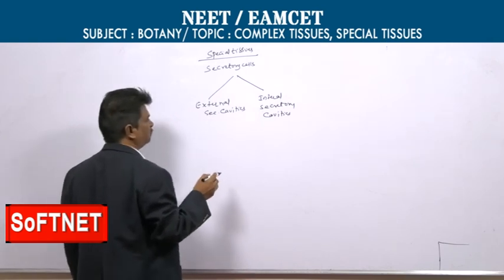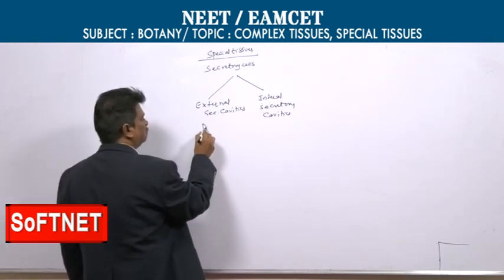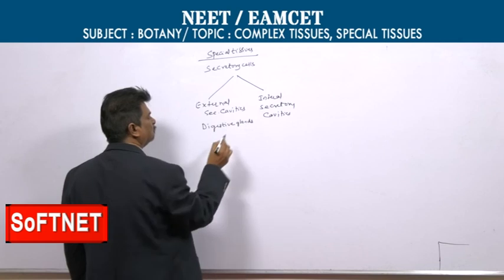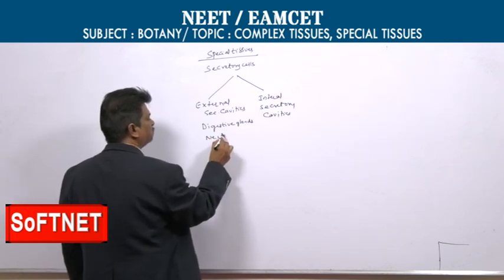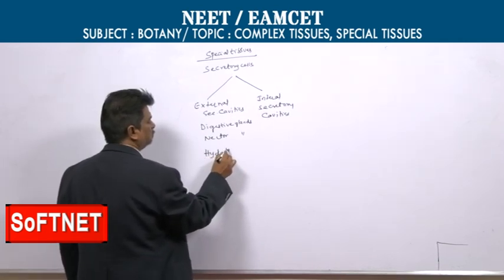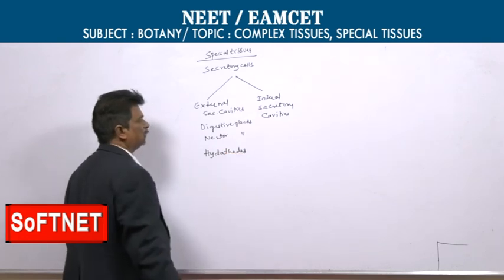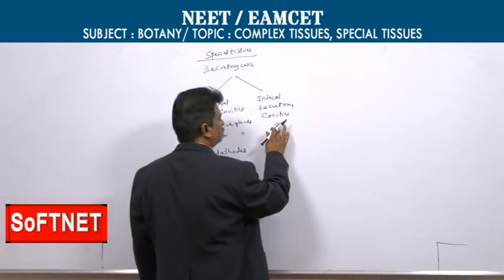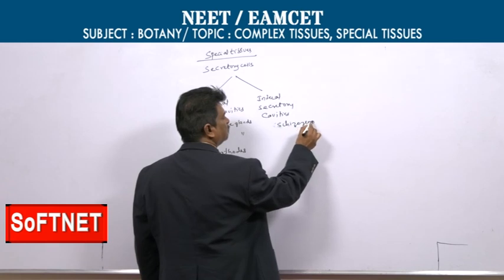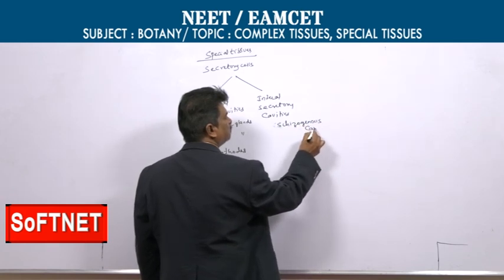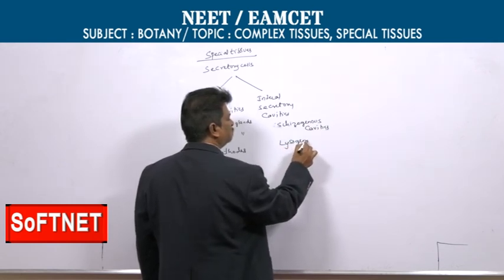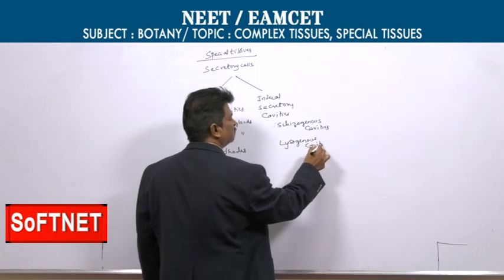External secretory cavities include digestive glands, nectar glands, and hydathode. Internal secretory cavities include schizogenous cavities and lysigenous cavities.